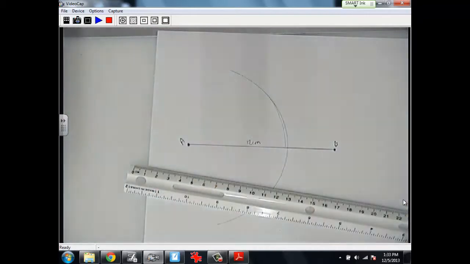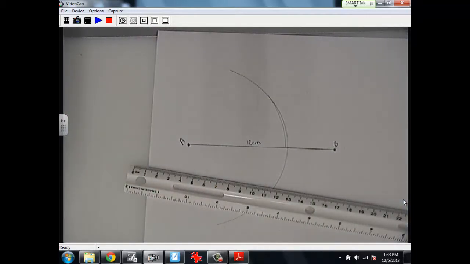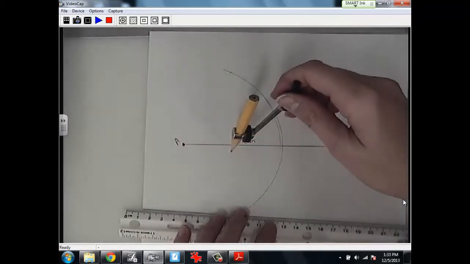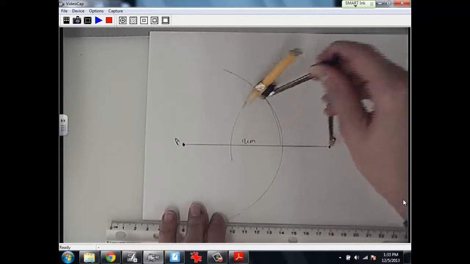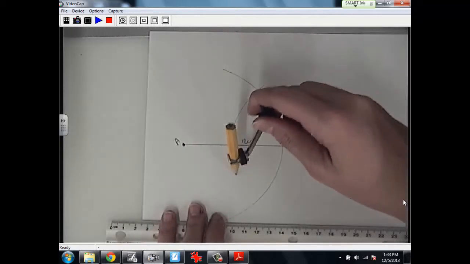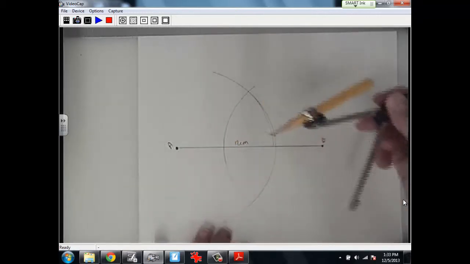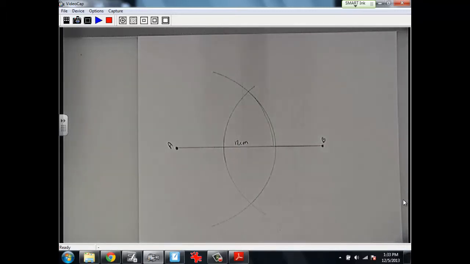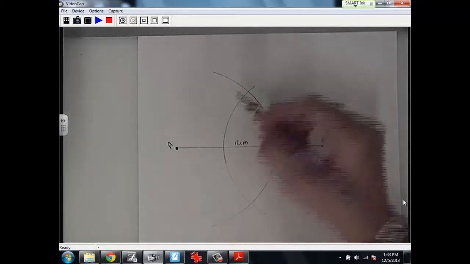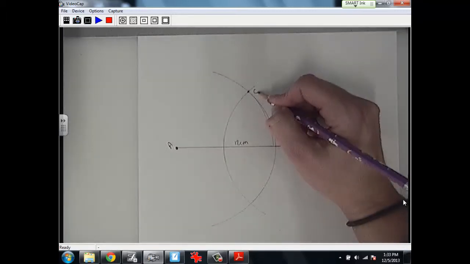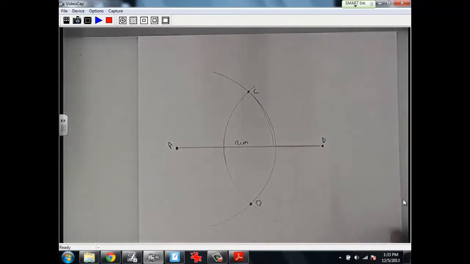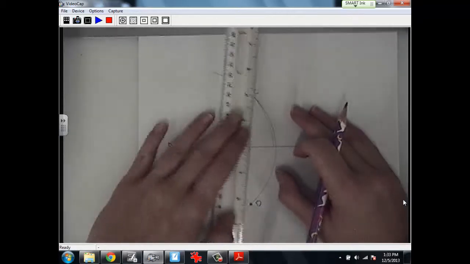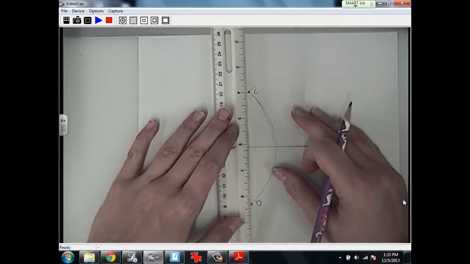And I'm keeping that same measurement. I still haven't moved this. I flip it around. I put my pointer at B. And I do it again. And maybe if I call this C and D, I'm hoping when I draw this line through here, I've got a right angle this time.